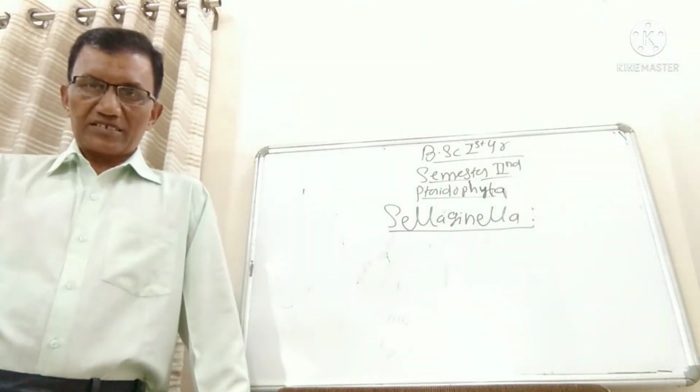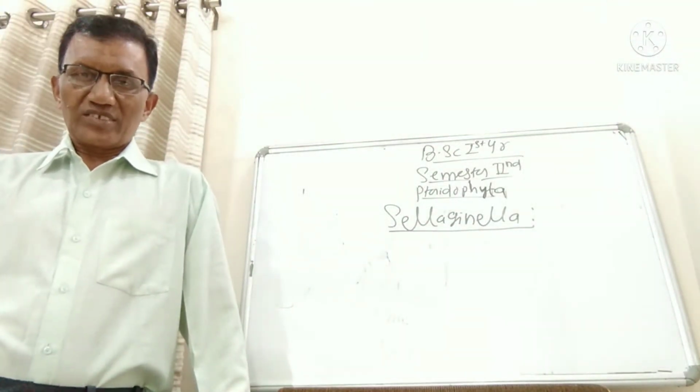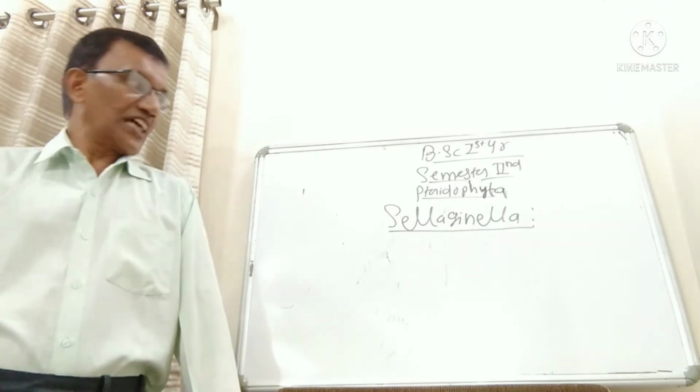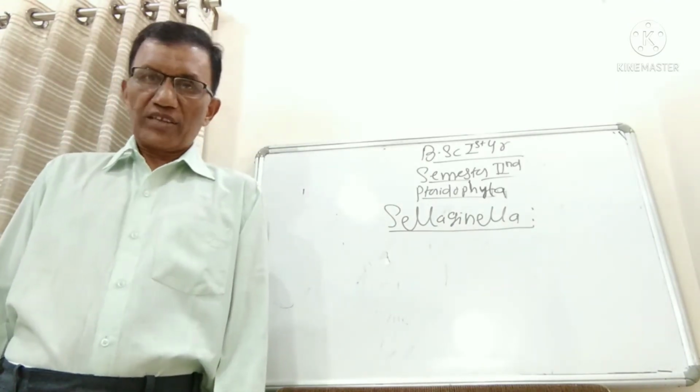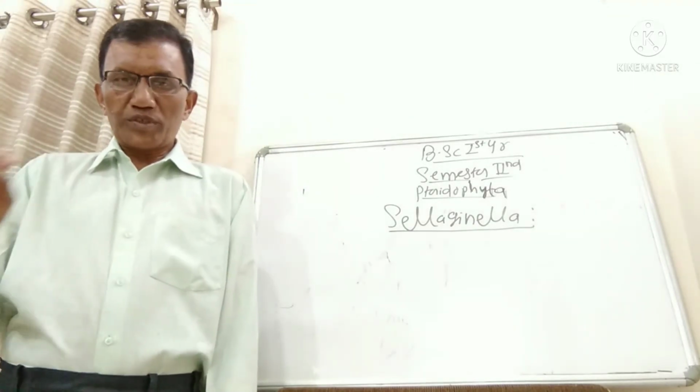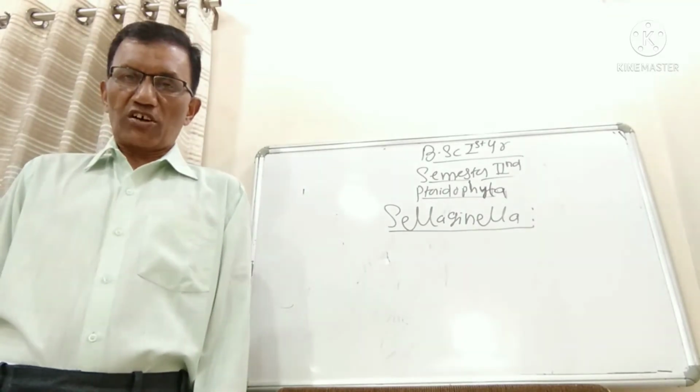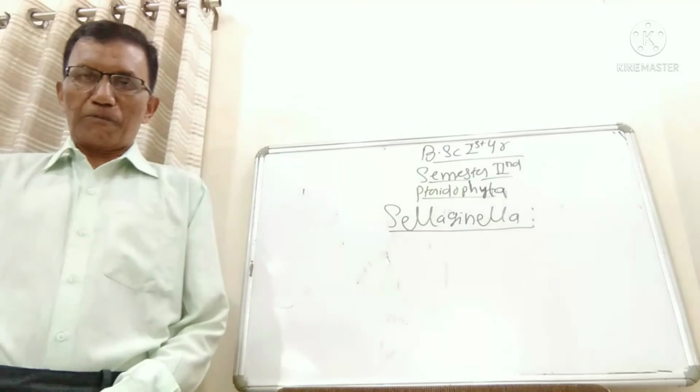After describing the strobilus and the internal characteristics of Selaginella, stem, root and leaf, and ligule, you have to go on to the reproduction in Selaginella.